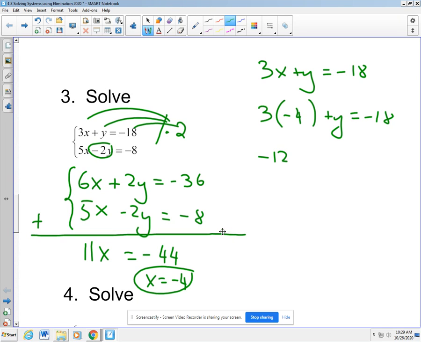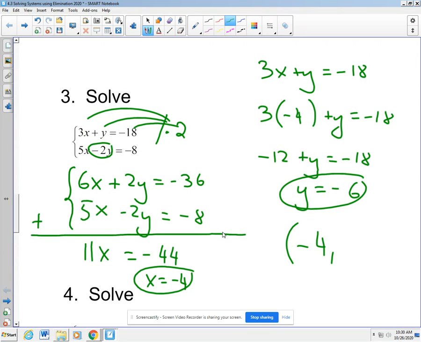So negative 12 plus y is equal to negative 18. Add 12 to both sides. Plus 12, plus 12, y equals negative 6. So your final answer should be written as an ordered pair. So the answer will be negative 4, comma, negative 6.